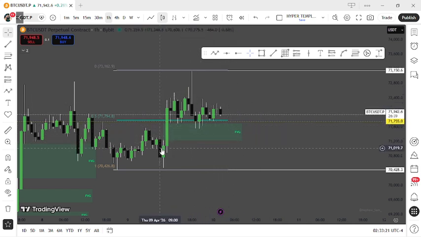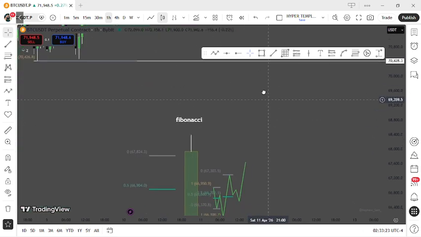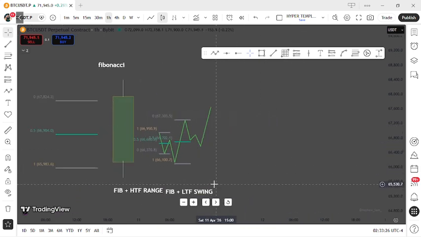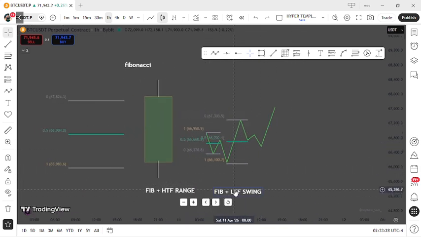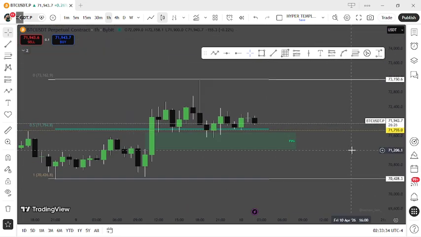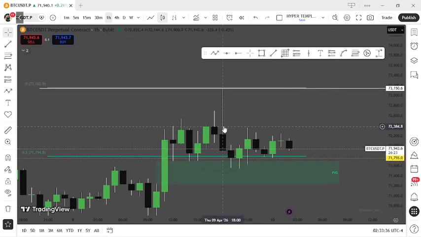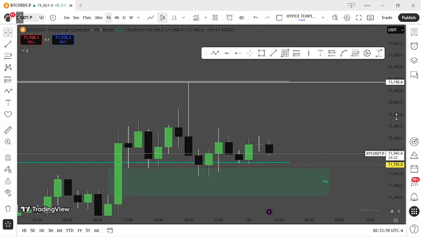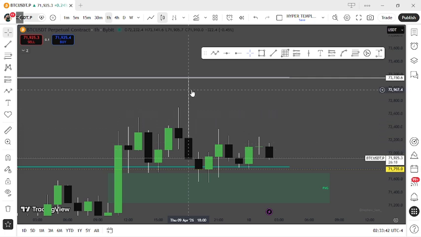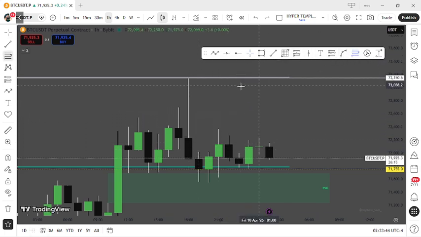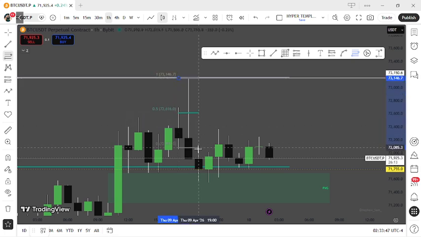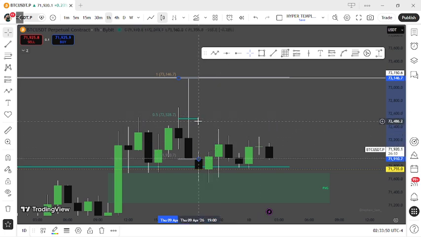That is when I applied it to a range. That is when I did it as a swing. Or if I want to do it as a higher time frame range, that means I am using only one candle. For example, this particular candle right here, I can take my Fibonacci retracement tool and mark the high and the low of this candle, and I'll be waiting to take short positions when price returns to the midpoint of this candle body.